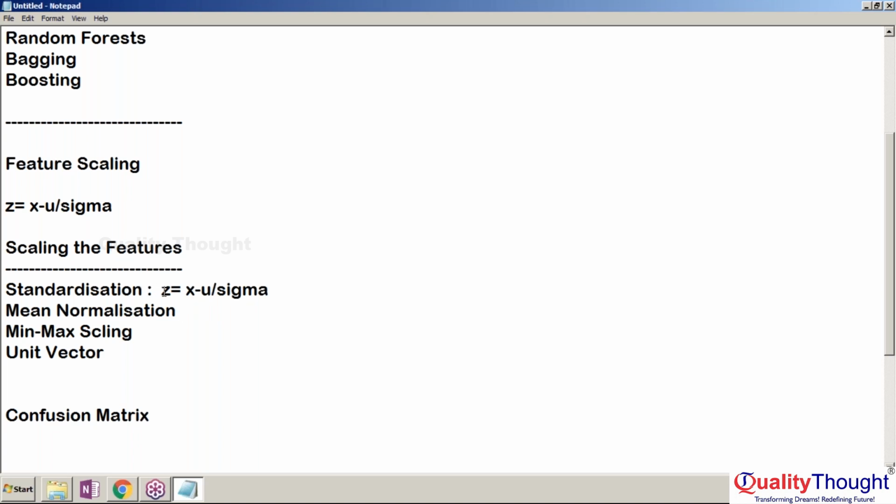When you say it is a standardization for the standard normal distribution, it will redistribute the features with their mean equal to 0 and sigma equal to 1. Understand?